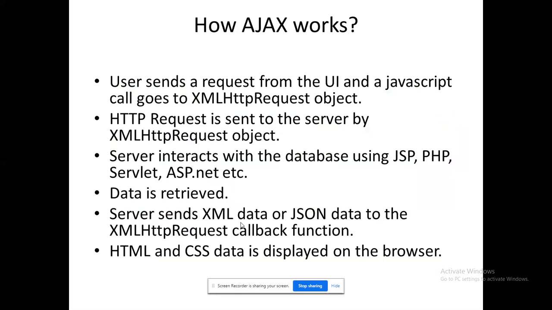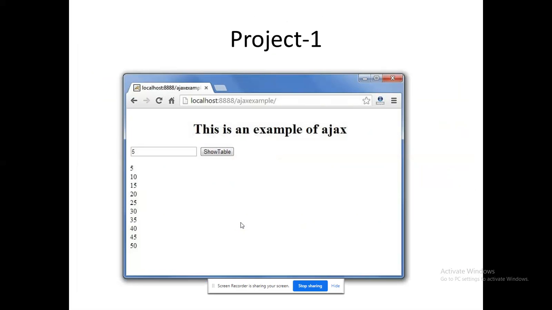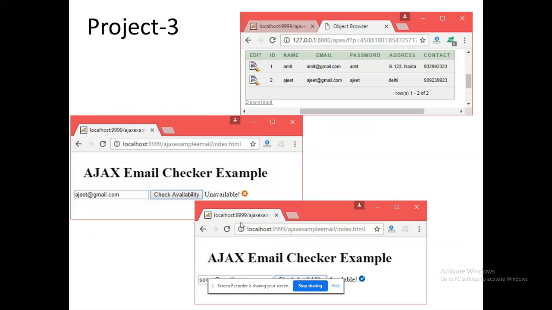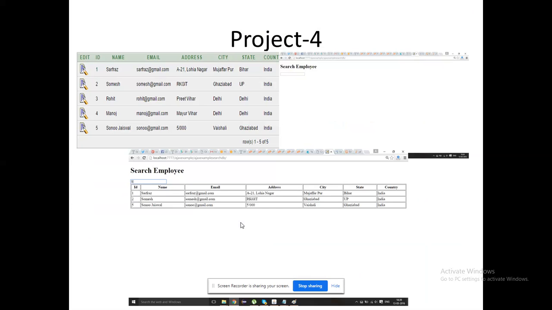That's the point behind my Ajax. Here it's enough that there is no need to refresh the design. It's enough to refresh the data. Data will get changed, the design will not be changed over there. These examples will be more helpful for us to understand that only data will be changed. Design will not be refreshed.